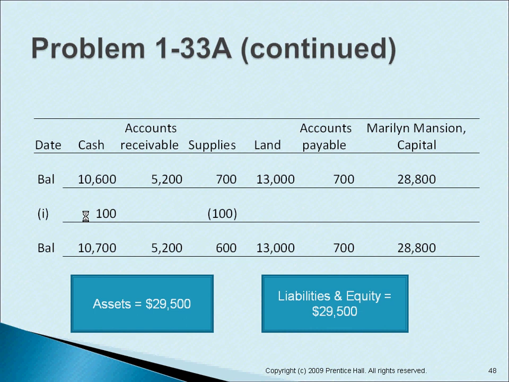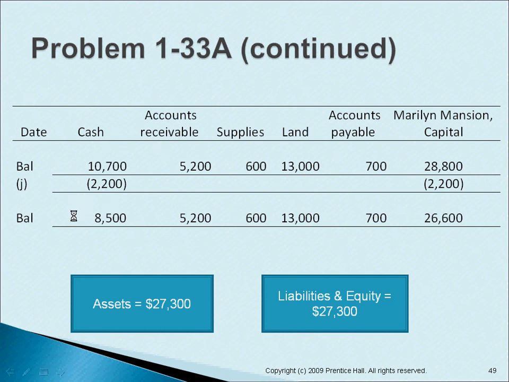And lastly, letter J, the owner withdrew $2,200. This is a withdrawal that we saw earlier as part of the capital equation. The withdrawal means he's pulling out $2,200 in cash. If the cash is going down $2,200, on the other side of the equation, what's going to go down?